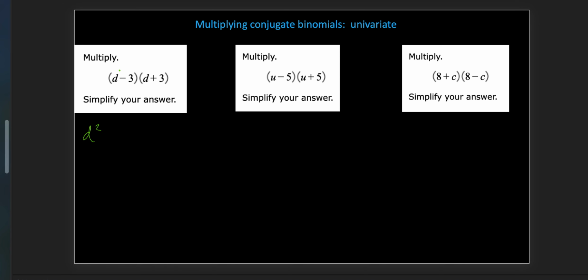The outer is next, d times 3, and so it's plus 3d. The inner is negative 3 times d, so that's negative 3d. And then negative 3 times 3 is negative 9. And these are alike, so those actually add up to 0. So it'll be d squared minus 9.